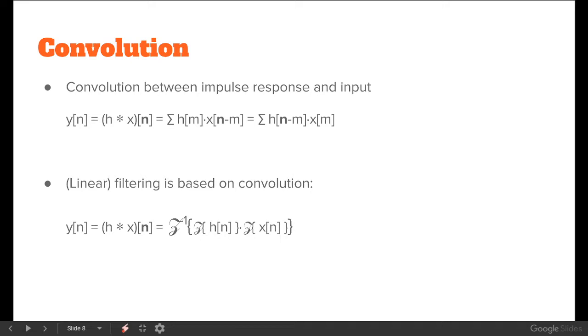So that's the Z transform of any input signal. The Z transform of impulse response is the same as the transfer function. So basically, convolution comes down to this. So basically, the convolution is the filtering operation.